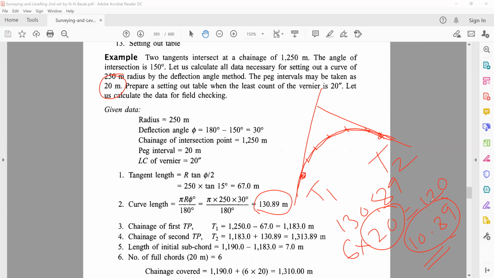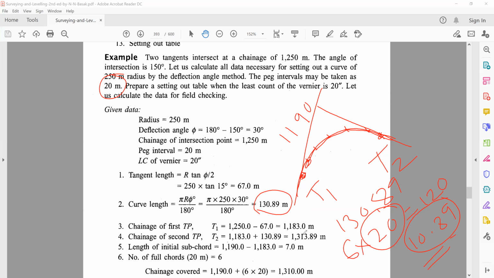But in this question, they are dealing with chainage. The chainage of the point T1 is given as 1183. What they would do is take the first chord in such a way that we get a number with a 0 at the end. So for 1183, I want the first chord to end at 1190, so I would add 7.